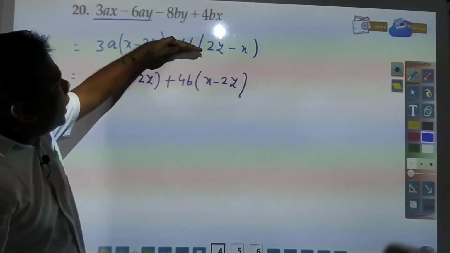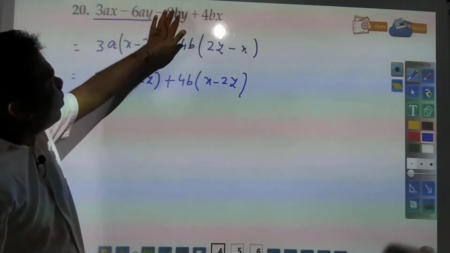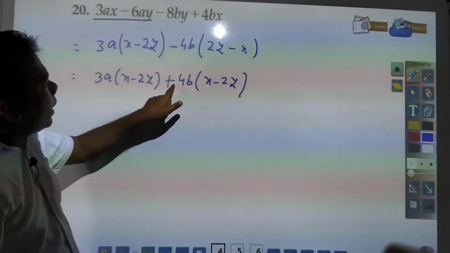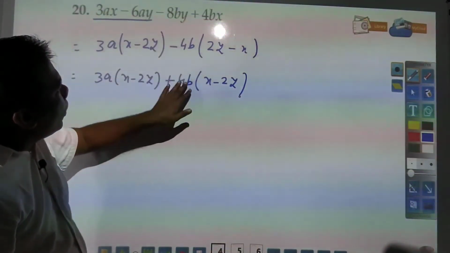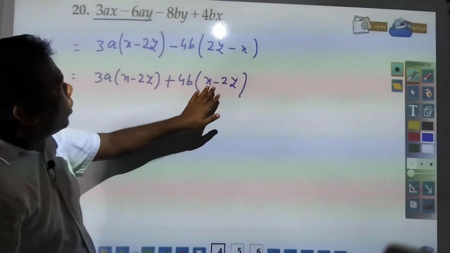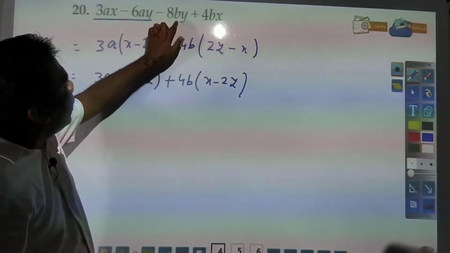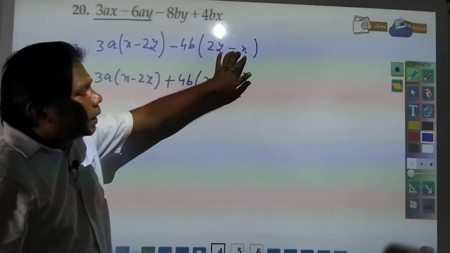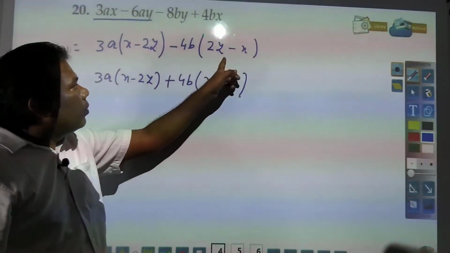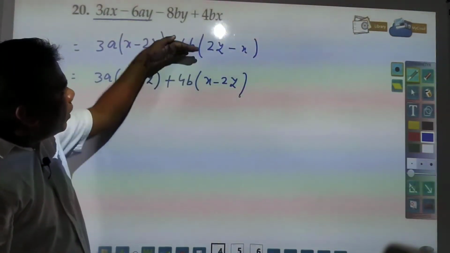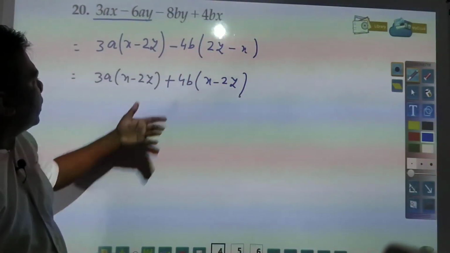So in this step only it could be done, we could have taken plus 4b, and you would have got x minus 2y, or simply you would have written minus 2y plus x. In this step if you would have taken plus, otherwise in the next step also this can be made.